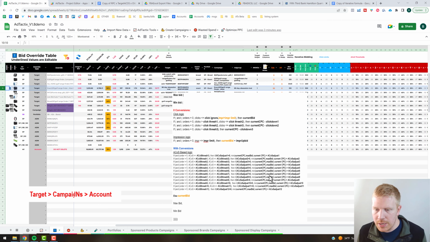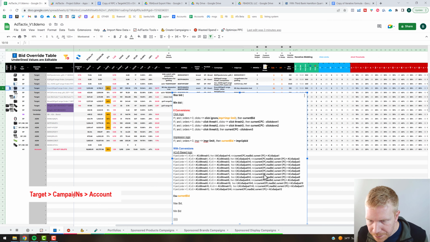Max bid is the same thing as the current bid. So you take whichever is smaller, and if it's negative, you're going to use that. If it's positive, you're going to use the current cost per click. So it's not going to factor in the current bid. So it's a bit tricky. It can either use the current bid or the CPC, depending on if it's a decrease or an increase.